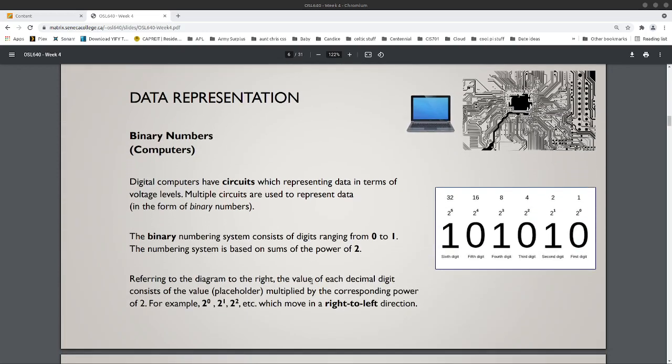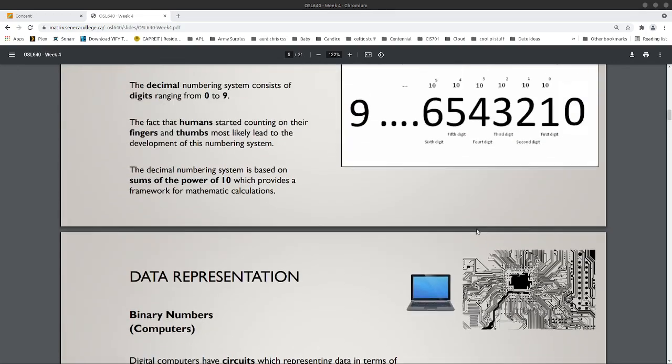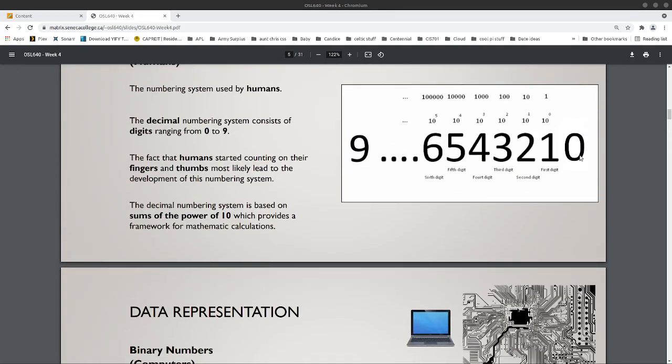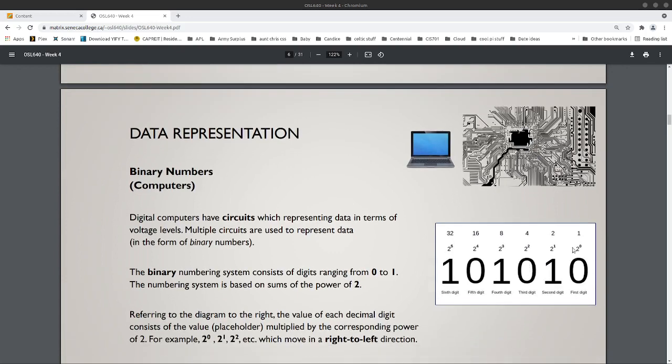Computers have circuits that represent data in different voltage numbers, meaning they have possibly 2 states, 0 or 1. This gives us a base 2 system. So each place value, whereas our decimal system, our place values are 10 to the power of whatever digit it's in, whatever place it's in.